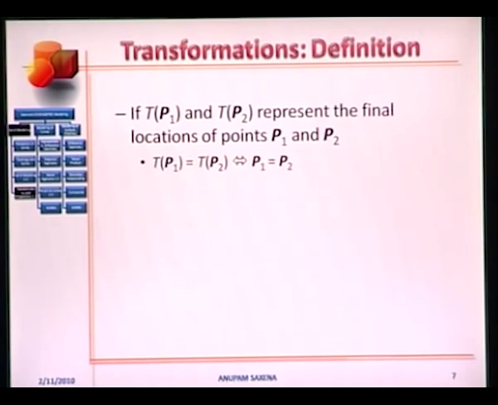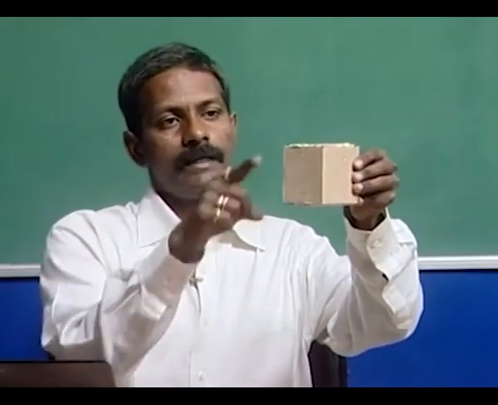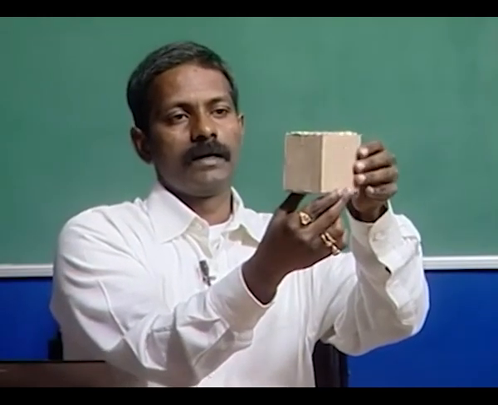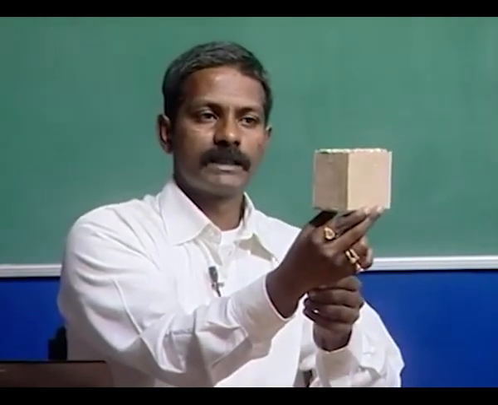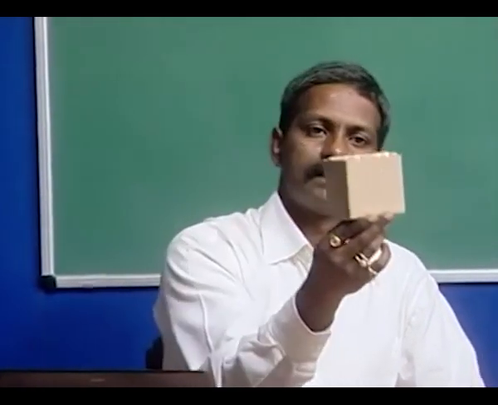And the converse is also true, that if P1 equals P2, then their respective images are the same. In other words, for every final location T of P, there must exist its preimage P. Physically, this is what it means. Look at this solid here. It has 8 vertices. If I move this solid from this position to this position, I should be able to move it back to the previous position.